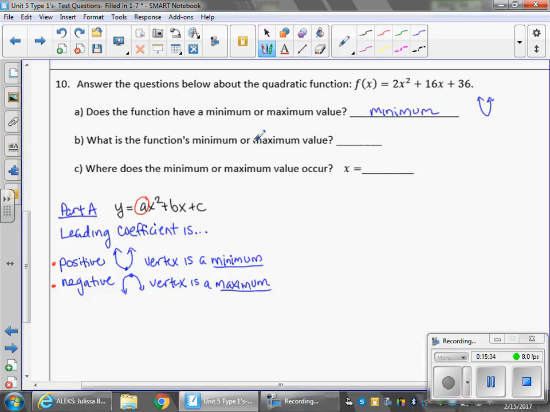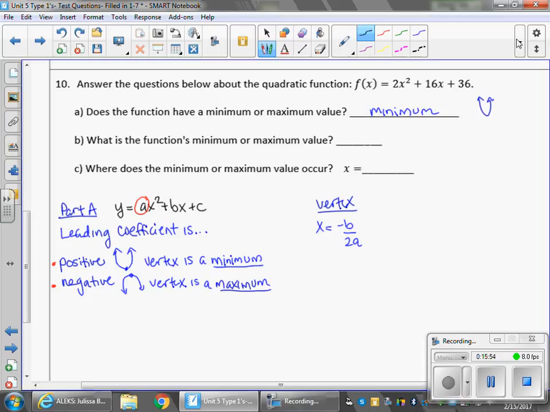Okay. What is that value? Well, we actually need to calculate the vertex. So we did that together in number 8. So if you can click pause and try this part on your own, that would be great. Otherwise, let's do it together. So remember, the x-coordinate is negative b over 2a.